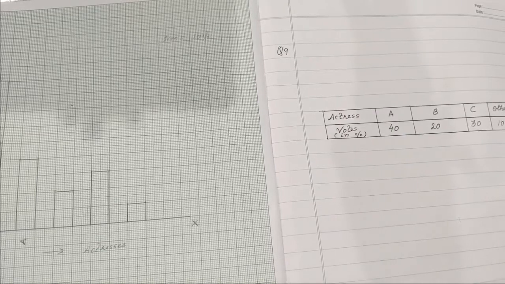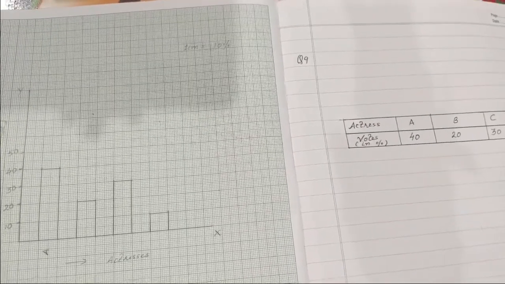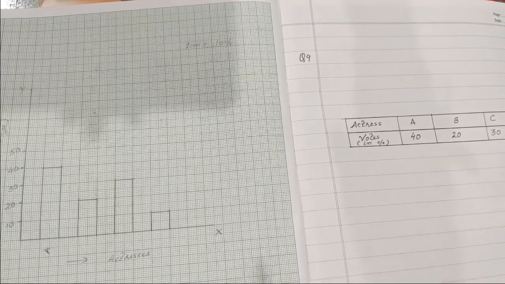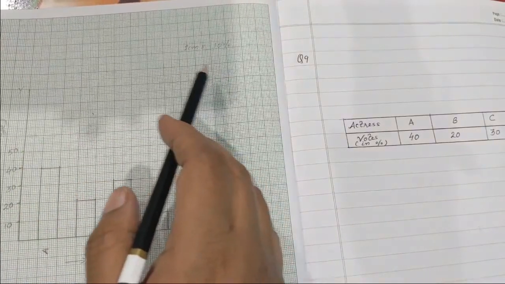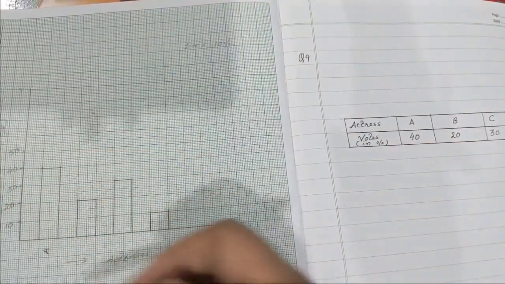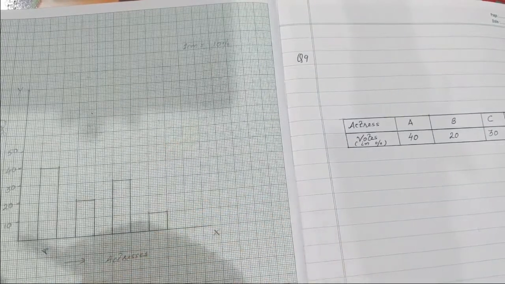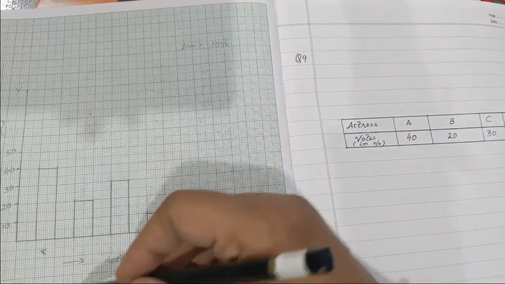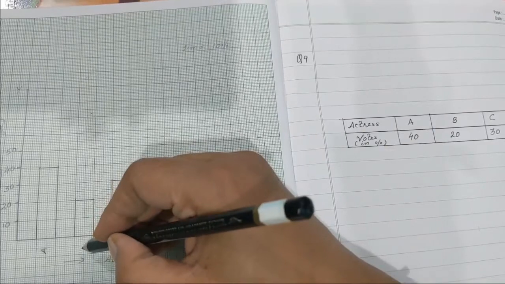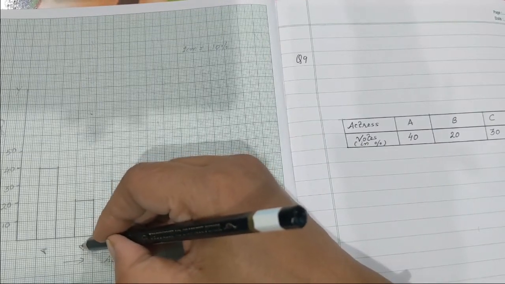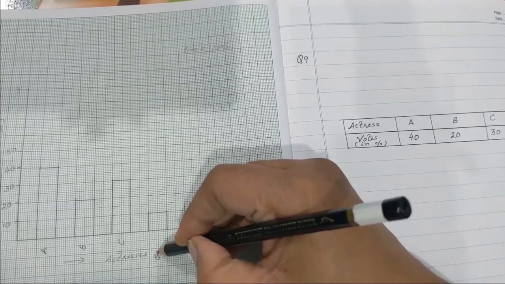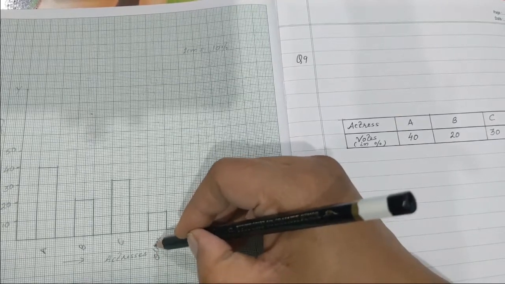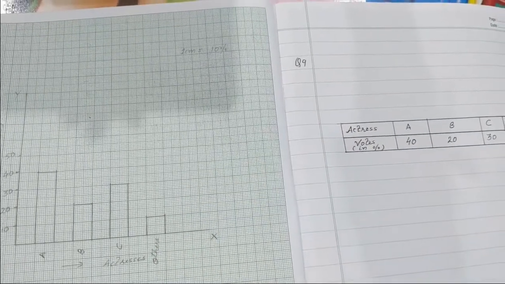Is it complete? No. Few things are still left in it. What are the things? The main part is the title of the bar graph. Without that, this bar graph is incomplete, has no meaning. Next, we have left the actress names. So let us complete the actress names. Actress B, actress C, and others. And just beside, the title, hurry up.